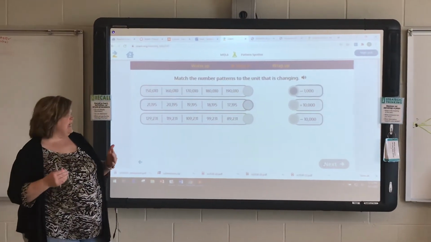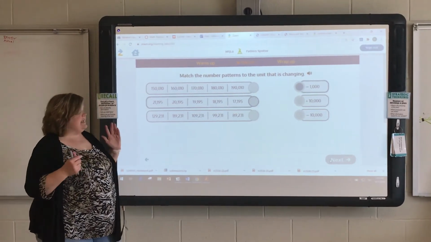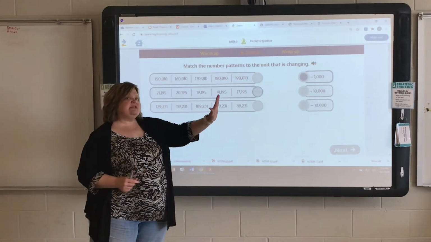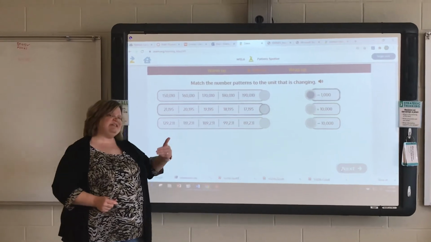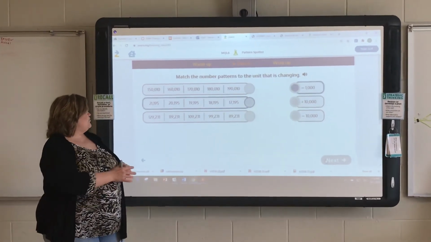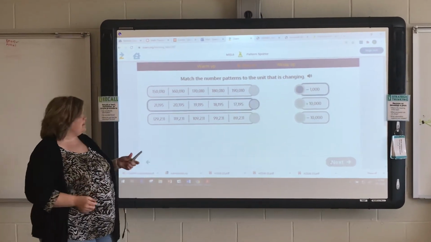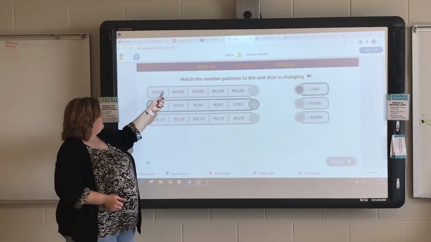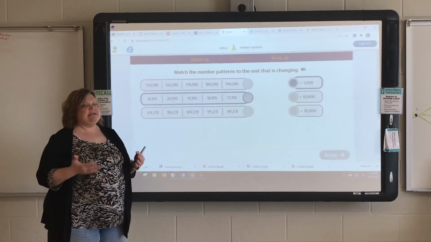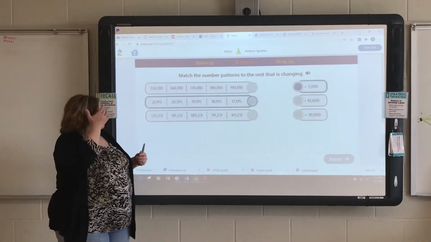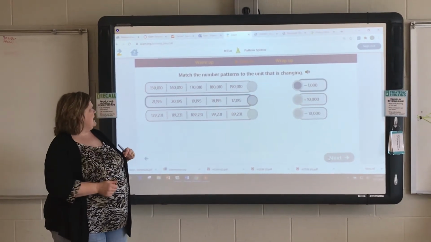So in your mind, you should be thinking, is my number increasing or is my number decreasing? Well, we all know how to count by 10. So we look at this, we'll go, oh, 50, 60, 70, 80. It's definitely increasing. So what is it increasing by?